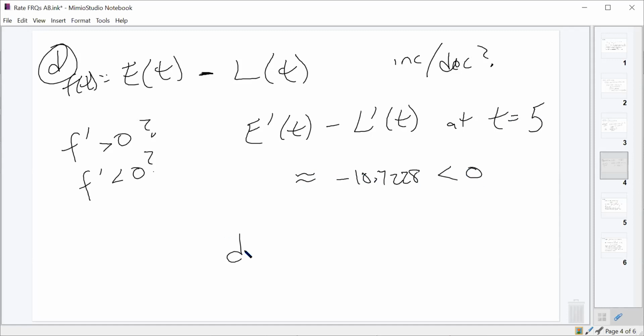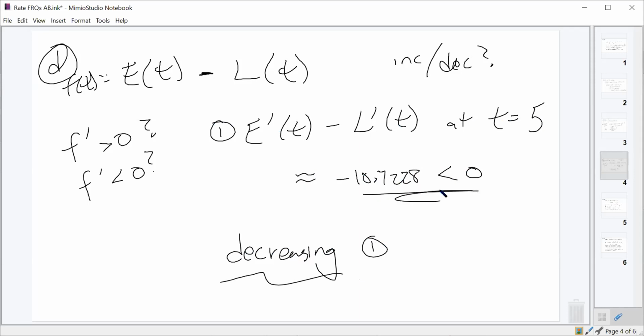And so we would say that the rate of change is decreasing at t equals 5. And 1 point for considering E prime minus L prime at 5, 1 point for decreasing with your explanation that this is less than 0. Good or no?